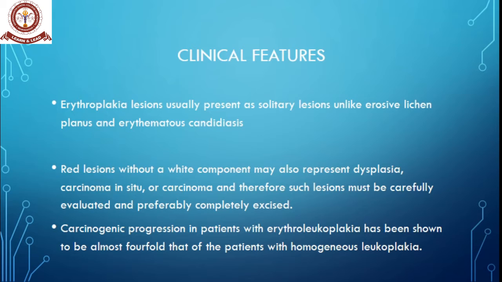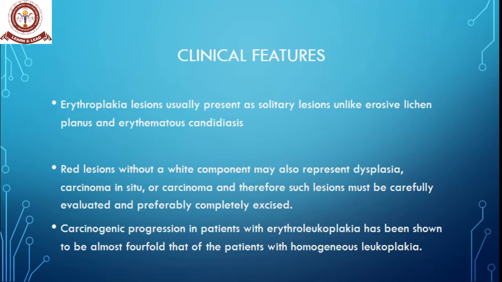It won't be spread out, it will be a solitary confined lesion. A red lesion without a white component may also represent dysplasia, carcinoma in situ, or a carcinoma itself. So such a lesion must be carefully evaluated and most preferably completely excised.